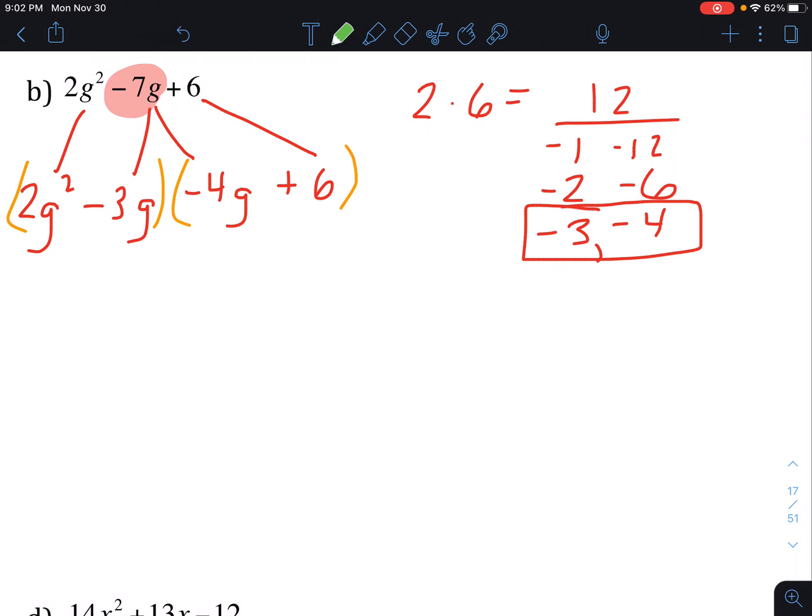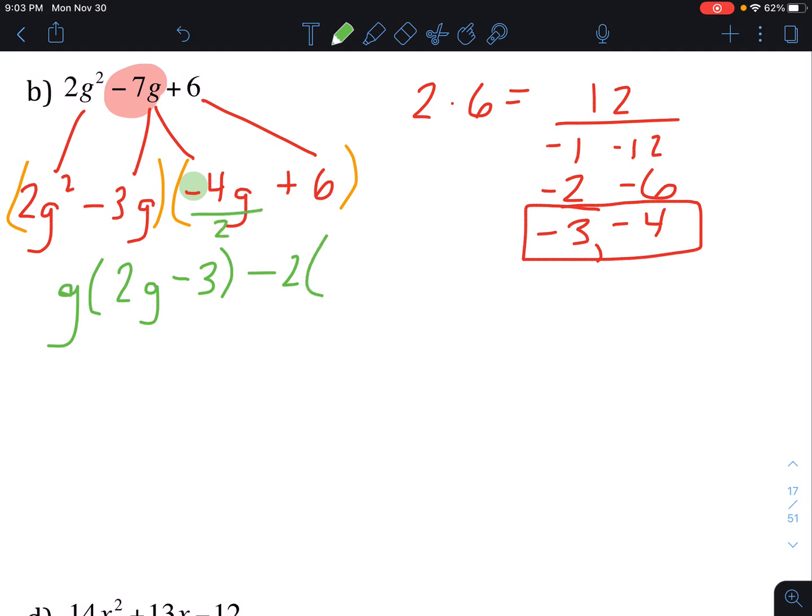The GCF of the first group is 1g, then divide by g to have 2g minus 3. Your GCF of your second group, notice your first term is a negative, so your GCF has to have a negative, and then 4g and 6 would be a 2.